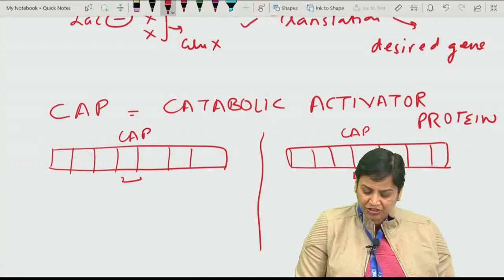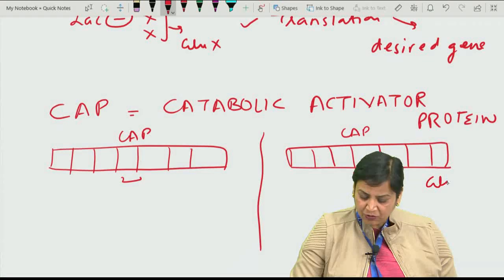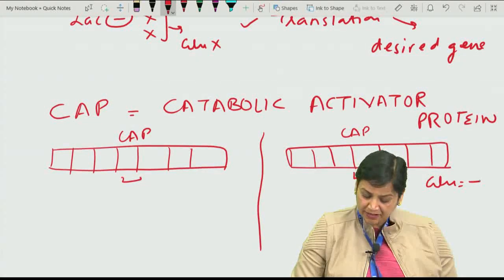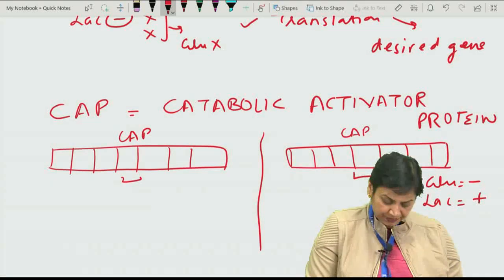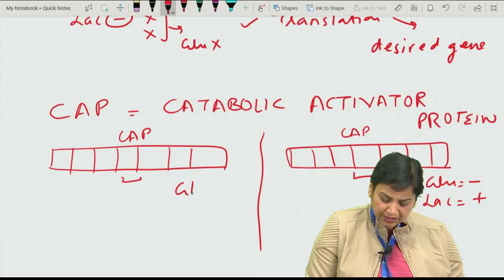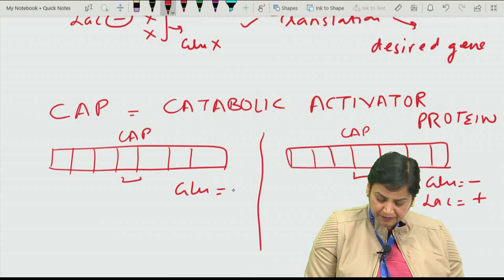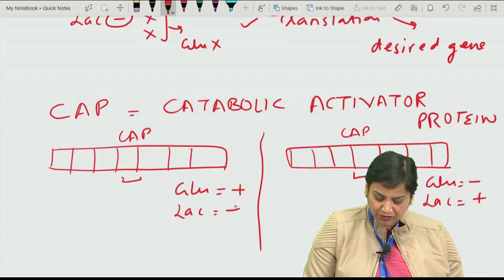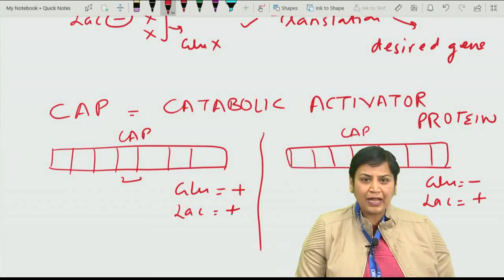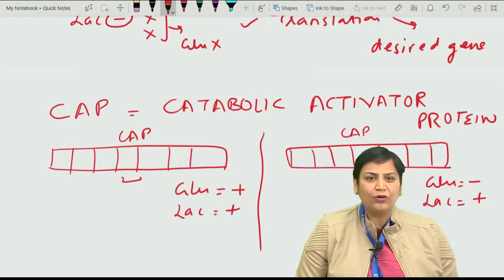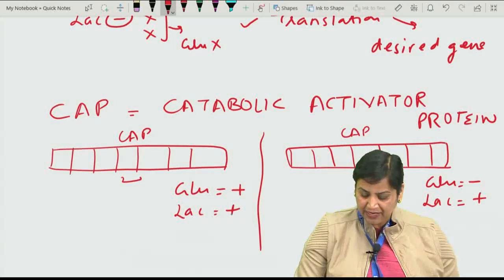Now there can be two conditions. One is if glucose is not there, lactose is there. The other is glucose is there and lactose is also there. Now what is the role of this catabolic activator protein?